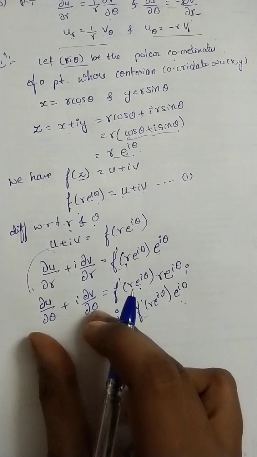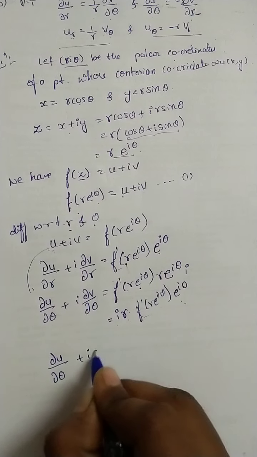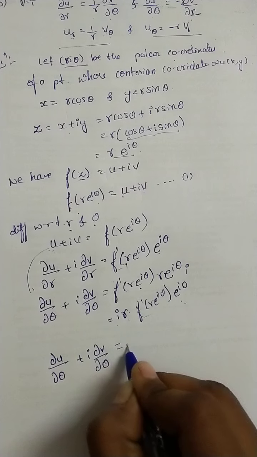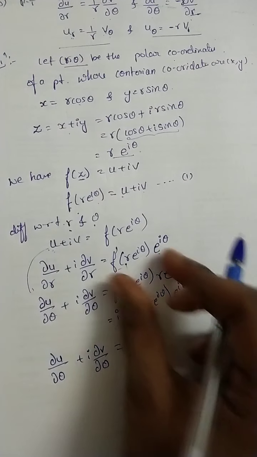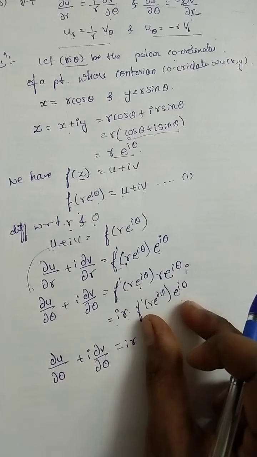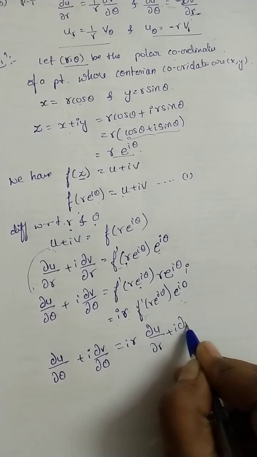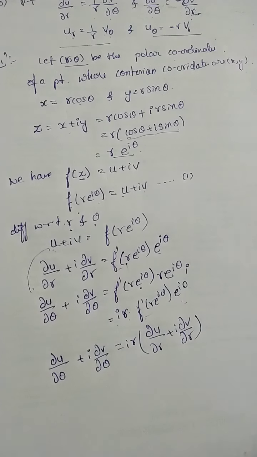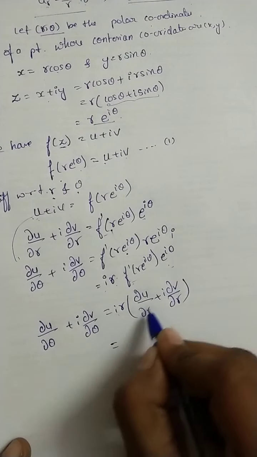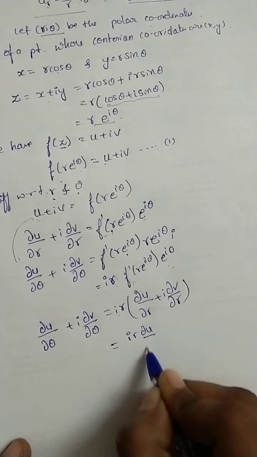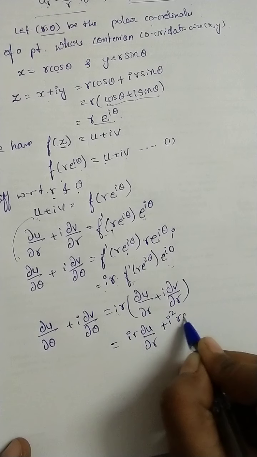So we can write ∂u/∂θ plus i times ∂v/∂θ equals i r, and we replace this part by the other equation because these two are similar: ∂u/∂r plus i times ∂v/∂r. Now taking this inside, we get i r ∂u/∂r plus i squared r ∂v/∂r.